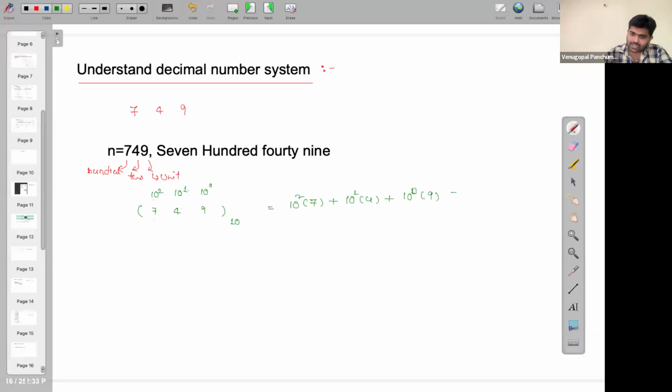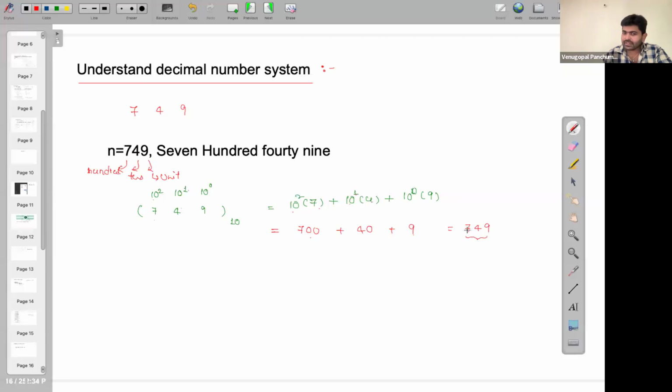Now, can you add and tell me what this value is? This is 100 into 7, that is 700, plus 10 power 1 into 4, that is 40, plus 10 power 0, which is 1, into 9. So that is 749. That is how we read this.